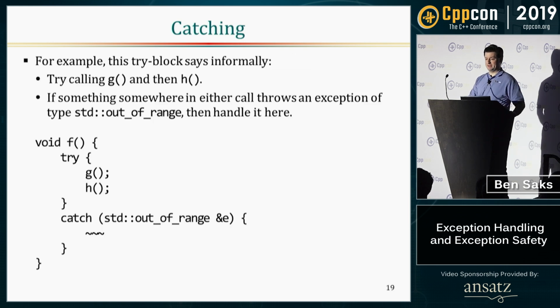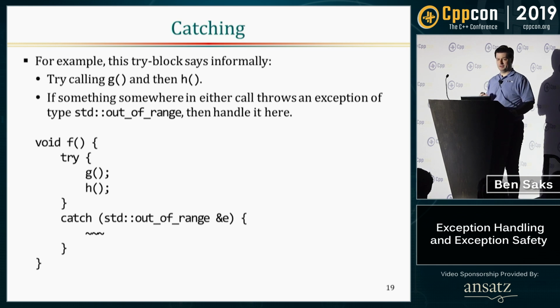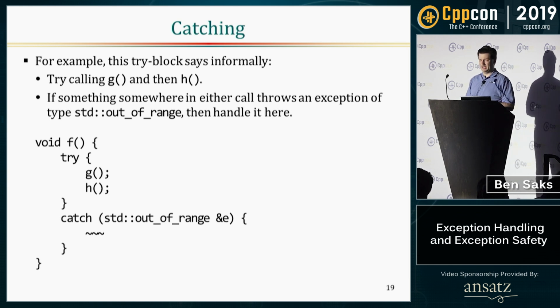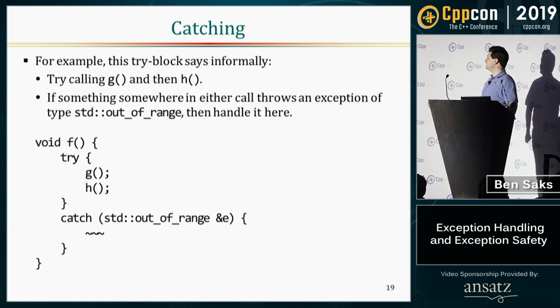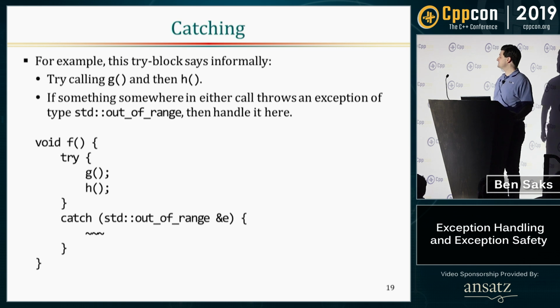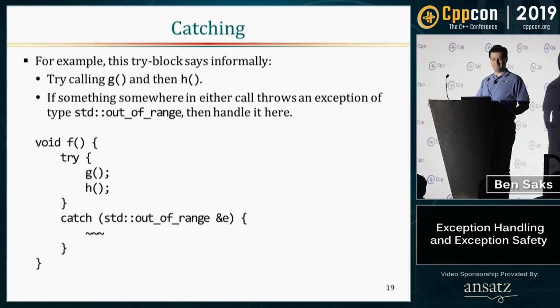So it winds up looking something like this. So here we have a function f that wants to call the functions g and h. And it knows that somewhere in the process of calling g and h, it's possible that an out-of-range exception might be thrown. So it wraps g and h in a try block like this. And then below the try block, it places a catch block that states that it can catch an out-of-range exception.